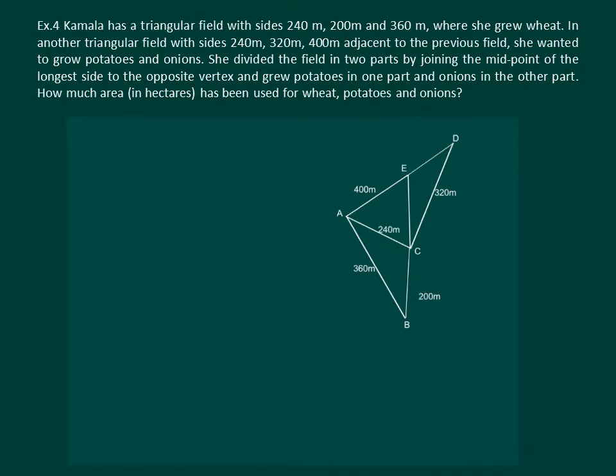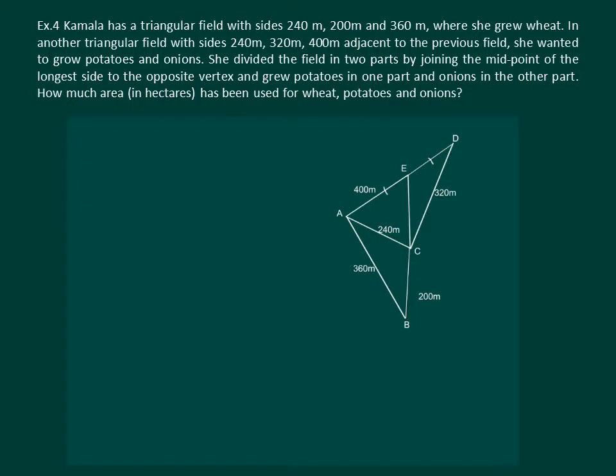Let us now find the area where the potatoes and the onions will be grown. So consider triangle ADC. We already know that E is the midpoint of AD. That means AE is equal to ED. And for triangle ACD, height will remain same.